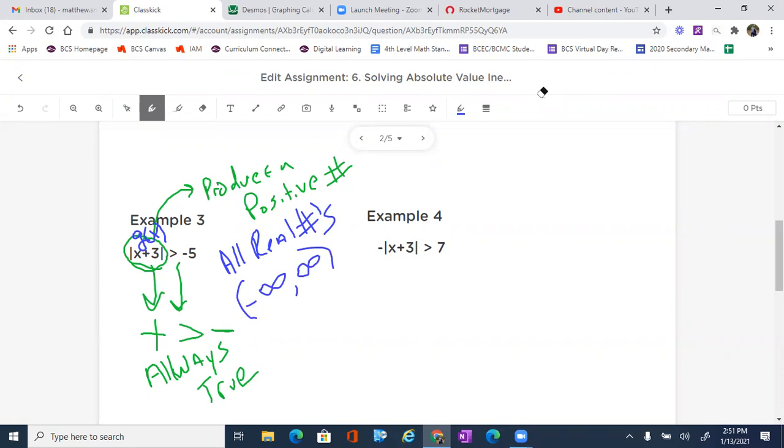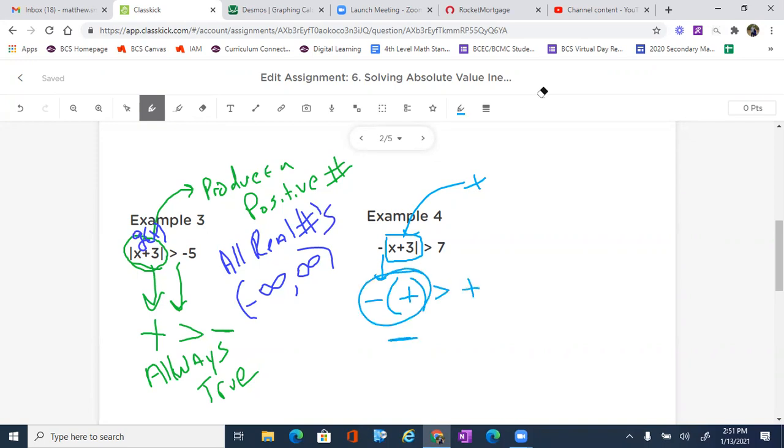Now, let's look at this next piece. We break it down again and ask, what do I know? I know that the absolute value is going to produce positive numbers. That's very true. And I have a negative times a positive, which is greater than a positive. Well, let's check it out.